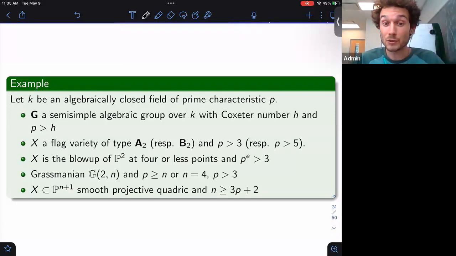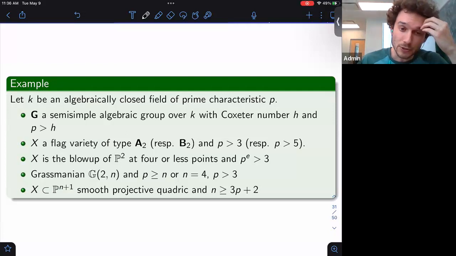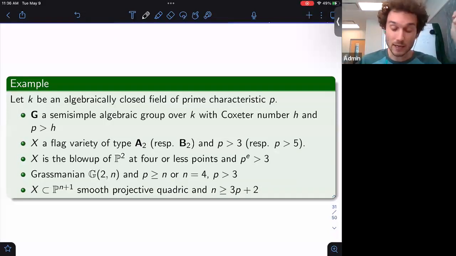If I blow up P2 at 4 or fewer points and I take p large, I'm F-thick. Grassmannians, when p is bigger than or equal to n, or when n is equal to 4 and p is bigger than 3. This was a recent paper a couple years ago. And then if I take a smooth quadric in P^(n+1), and if there's an inequality that's satisfied between n and p, that's also F-thick.